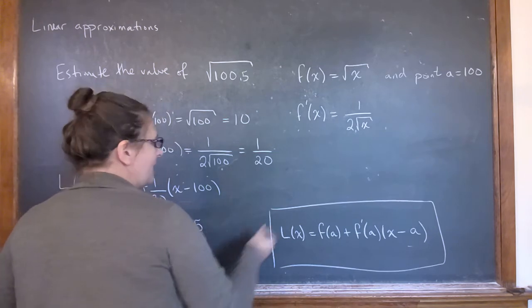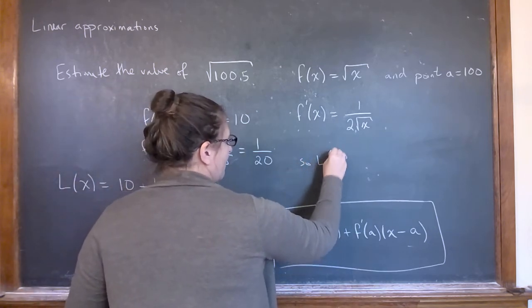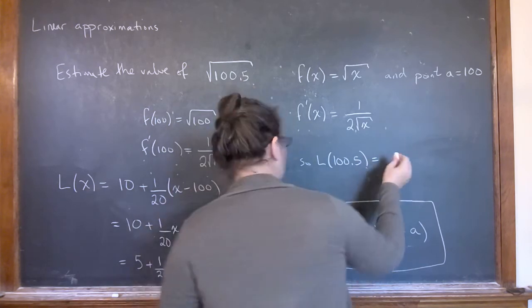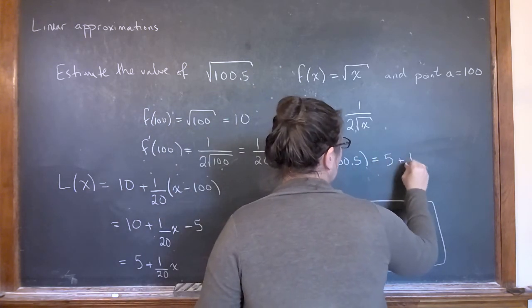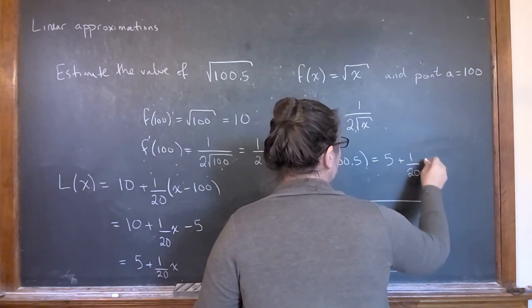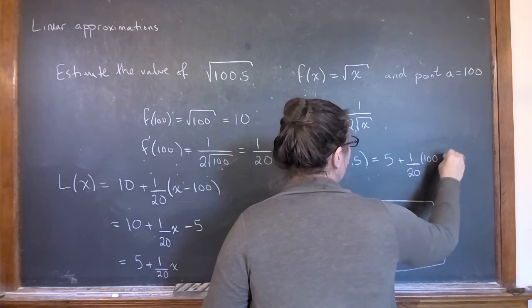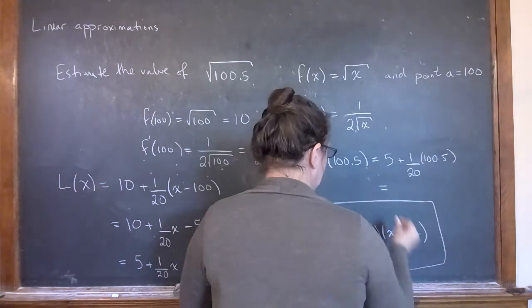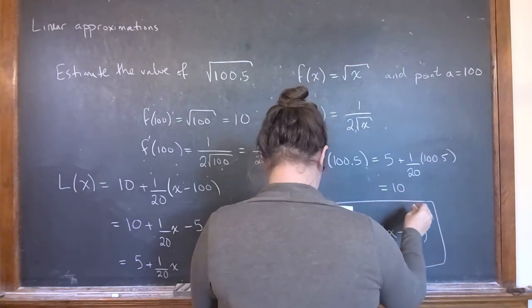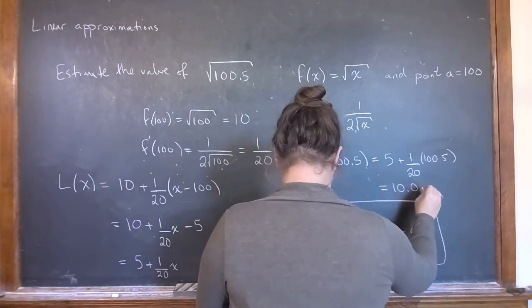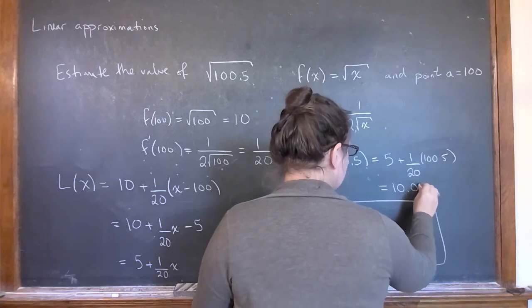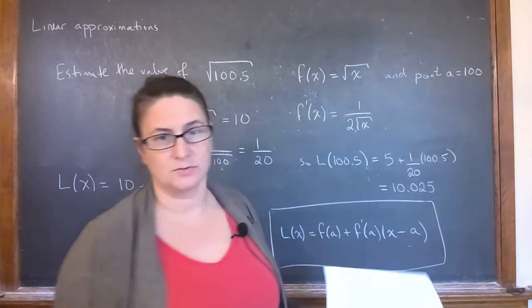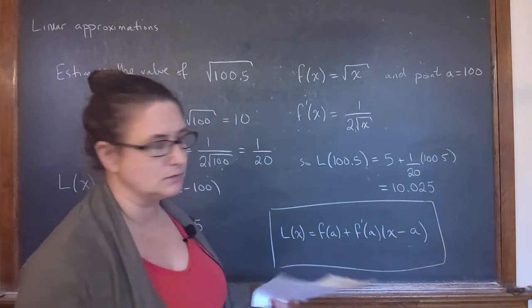So if I do that, I have 5 plus 1/20th times 100.5. So this is 10.025, which makes sense, a reasonable answer.